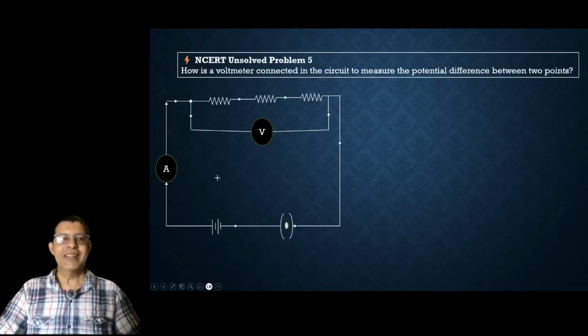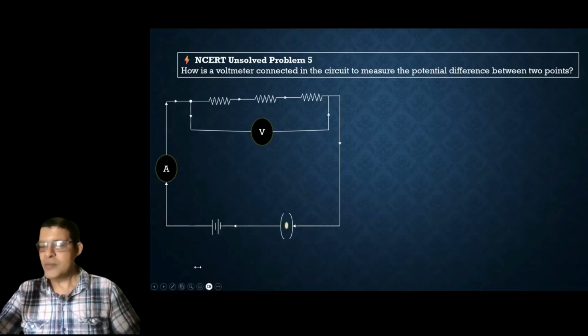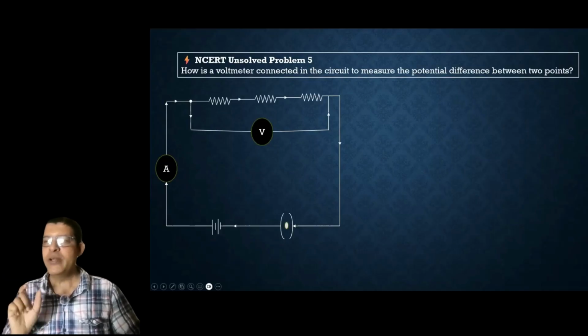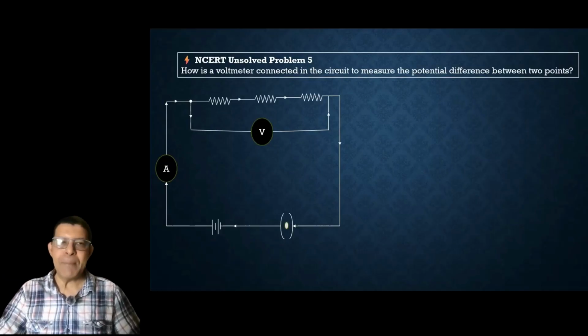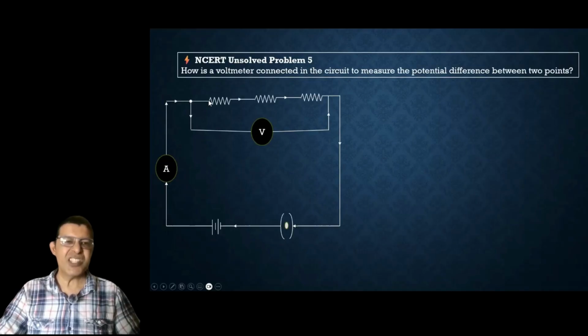Now we'll come to the fifth problem. How is the voltmeter connected in a circuit to measure the potential difference between 2 points? Always, if you want to measure the voltage, we need to connect it in parallel. So we see for a series combination of resistors, the voltmeter is connected in parallel.